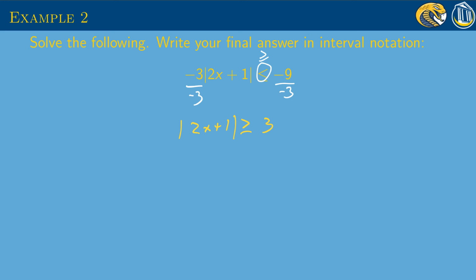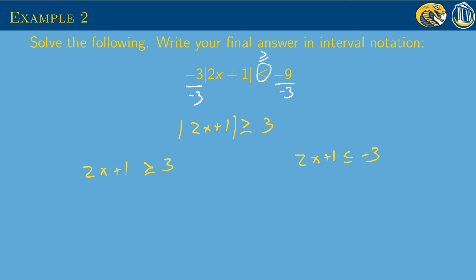As before, we have an absolute value this time greater than or equal to 3, which means we have to split this up into two separate inequalities where 2x plus 1 is greater than or equal to 3 if this quantity was already positive, and where 2x plus 1 is less than or equal to negative 3.